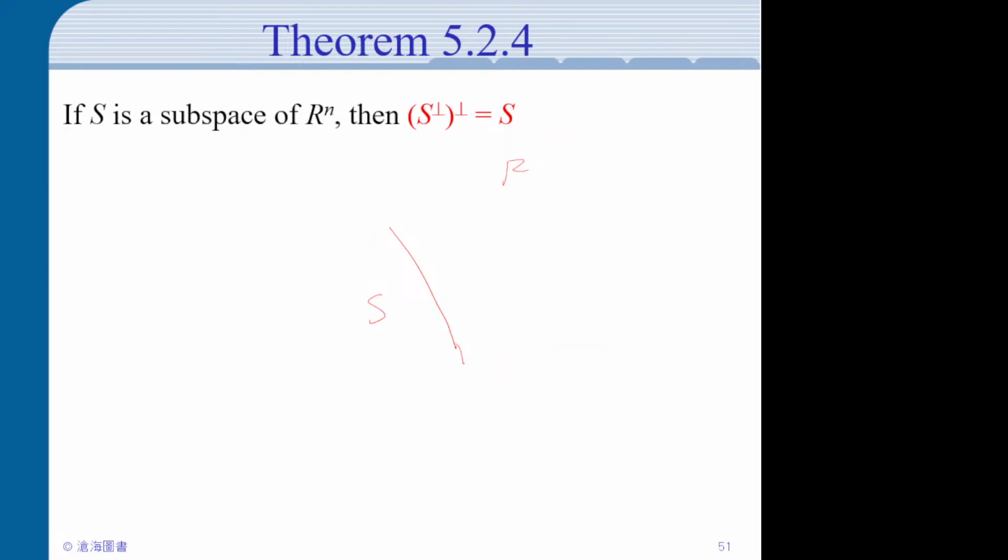Don't forget about it. Okay. So the complement of the complement is the space.